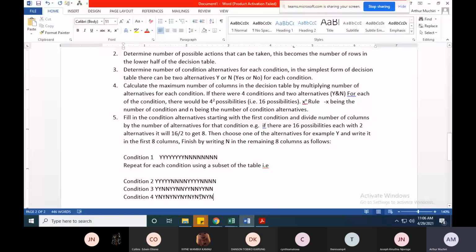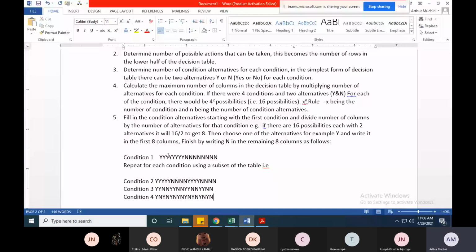So that's how you have it. If you have 4 conditions, you raise 2 to the power of 4, and you're going to have 16 possibilities. Then divide those 16 possibilities by the number of alternatives, which is 2. So in the first condition, 16 divided by 2, the first row will be yes 8 times and no 8 times.